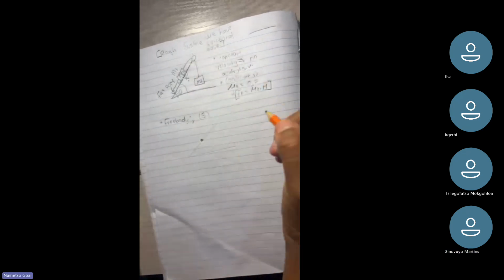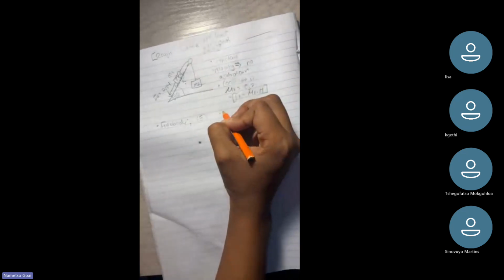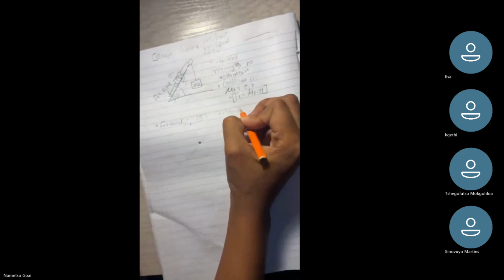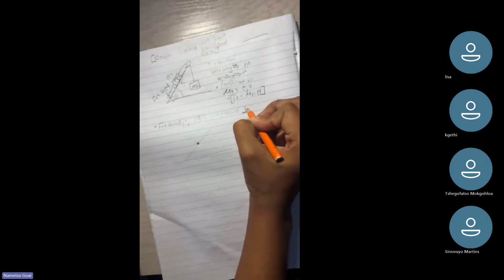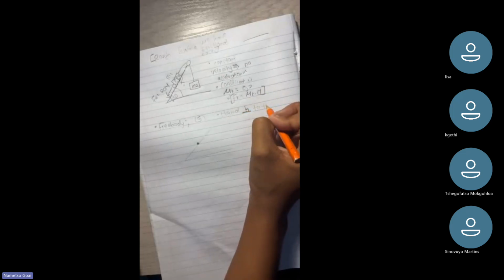Now let's identify all the forces acting on M1. What are the forces acting on M1? Can you guys tell me? Yes, we have the normal force. But remember, our normal force acts perpendicular, at 90 degrees to the surface.